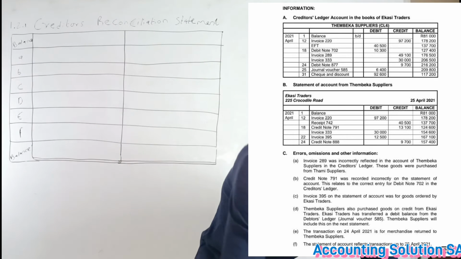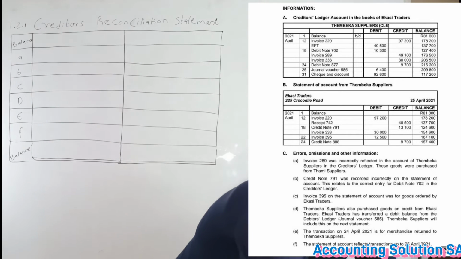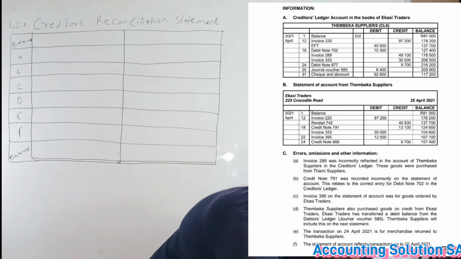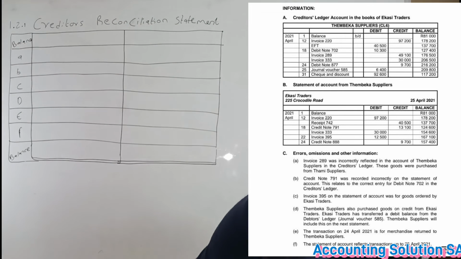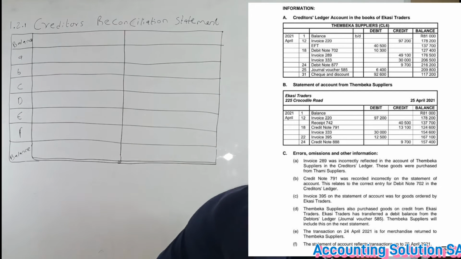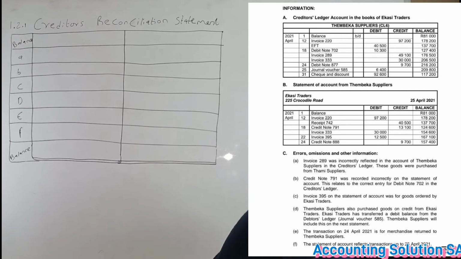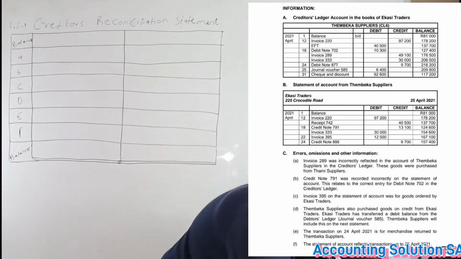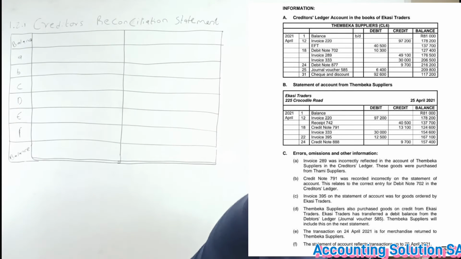They say that these transactions contain errors, omissions, and other information. Number A, they said invoice 289 was incorrectly reflected in the account of Tembeka supplier in the creditors ledger.